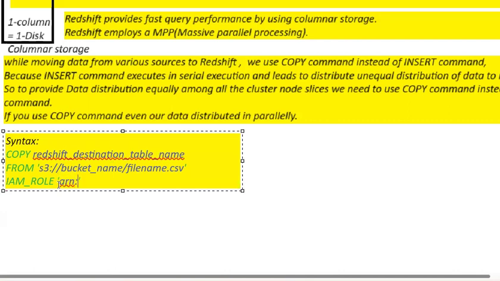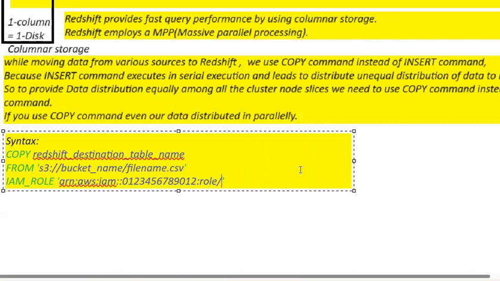So the credentials will look like ARN:aws:iam::0123456789012, something like this will be there. Under that, whatever role name you created, that role name will come now. Let's say I created my Redshift role, then it will come like my Redshift role.